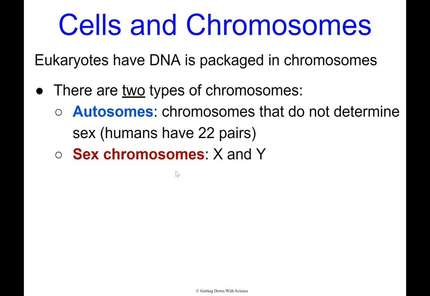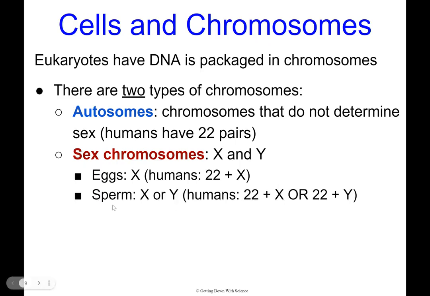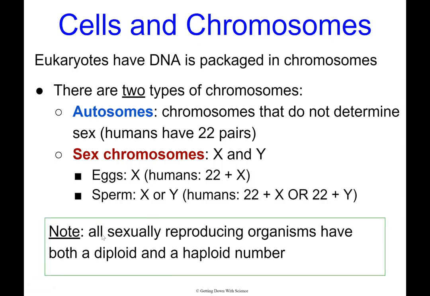And then there are the sex chromosomes, X and Y. Eggs are considered X. Sperm have X or Y because the males have both options. Males determine the sex of the individual. All sexually reproducing organisms have both diploid and haploid numbers because they're going to have somatic cells and gametic cells.